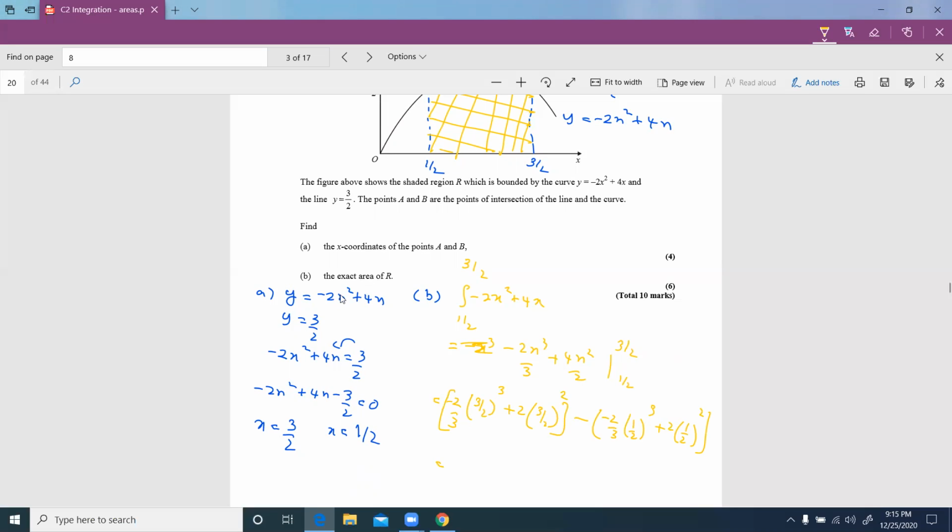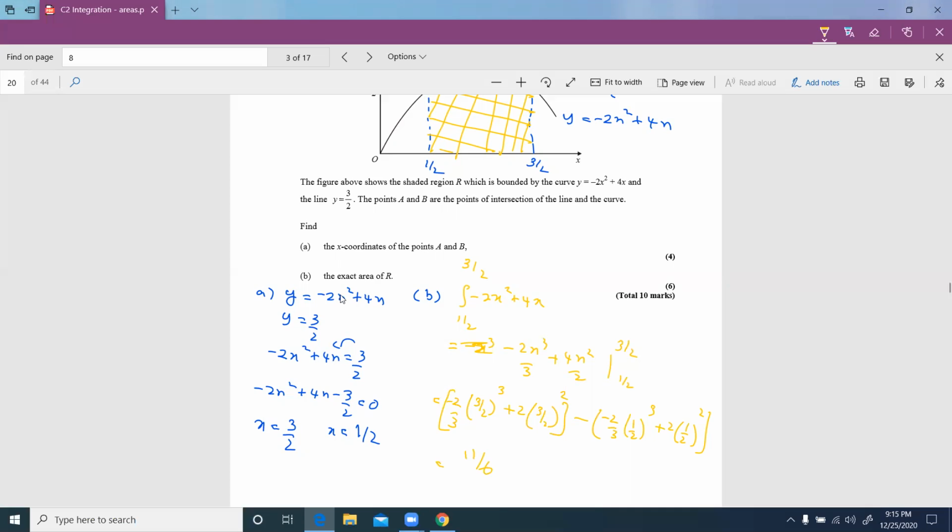If you substitute these figures, the answer becomes 11 over 6.